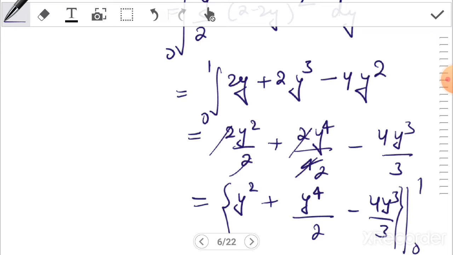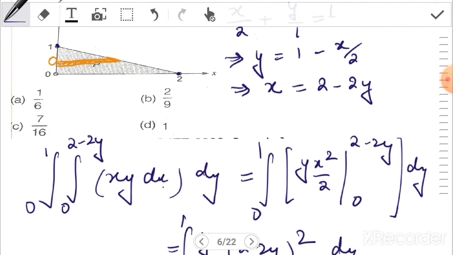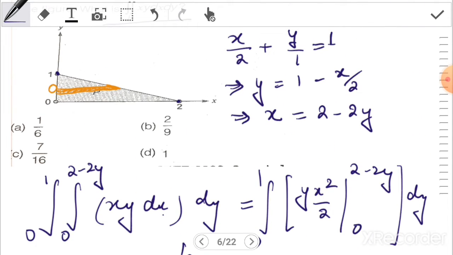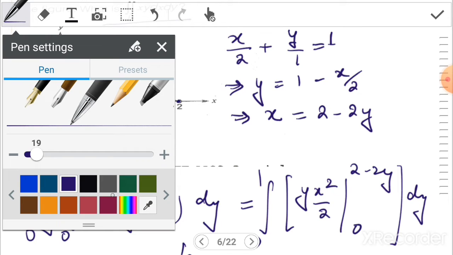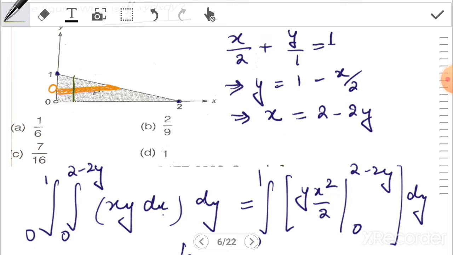Alternatively, we may also write this integral differently. First we took a horizontal strip, now we can take a vertical strip, keeping x as constant.